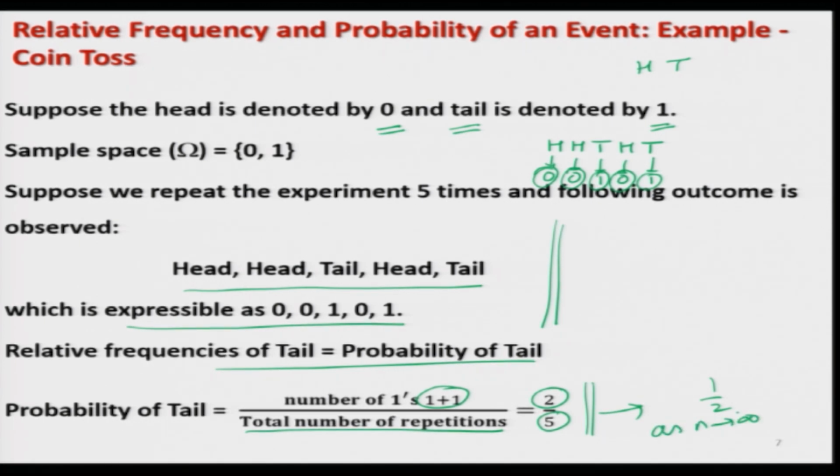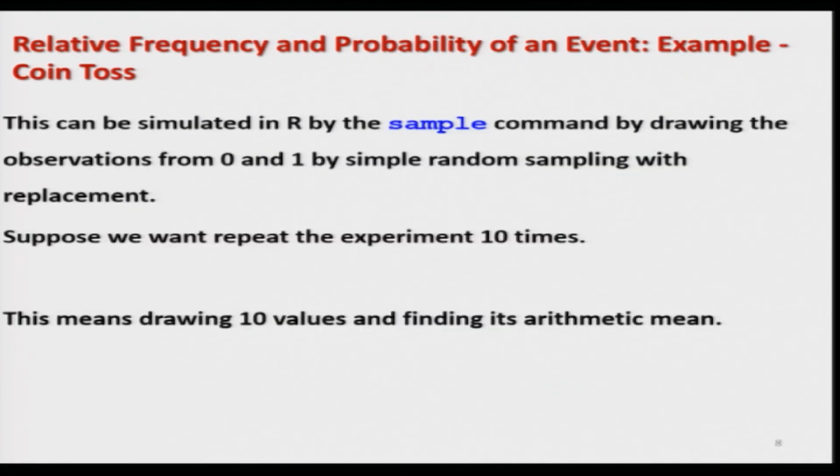Now, I would like to show you this, and in order to show it, I will use the R software. In the beginning, when I introduced the basic concepts of R software that we are going to use in the course, I explained the command sample. I introduced the topic of simple random sampling, in which I explained that if you want to draw a sample by simple random sampling, then you can use the command sample.